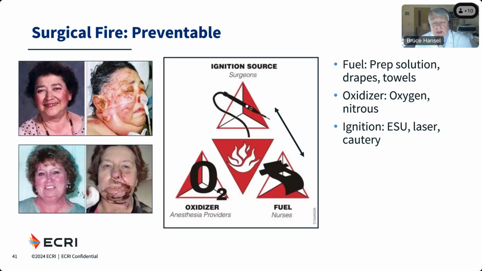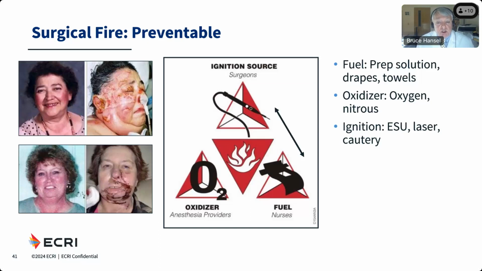So the next thing that has to be controlled is the oxidizer, which in anesthesia, the two main ones, and Dr. Feldman can talk more about this because he uses these in his daily practice, are oxygen and nitrous oxide. Oftentimes you don't think of nitrous oxide as being an oxidizer, but it can contribute to being an oxygen source for combustion.